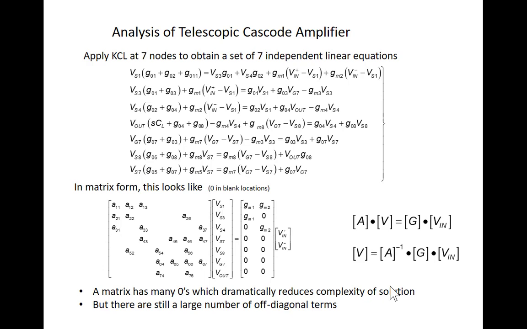So this is not too far from diagonal, a little bit. But there's still quite a few off-diagonal terms. There's close to 20 terms, and 7 are on the diagonal, so we've got quite a few off that main diagonal.